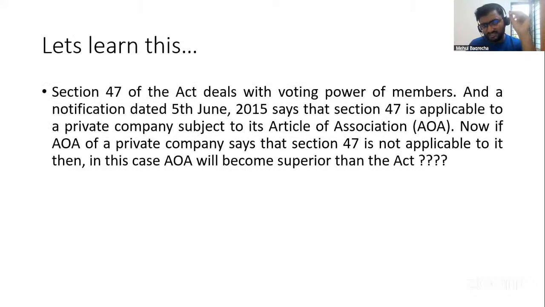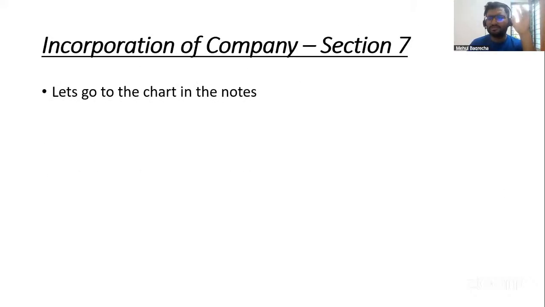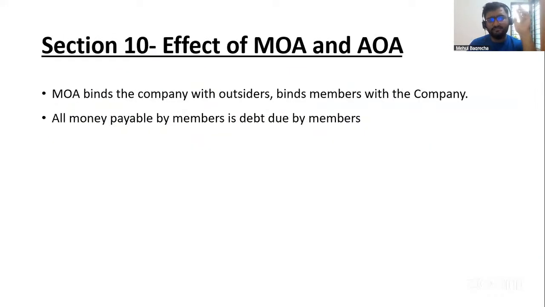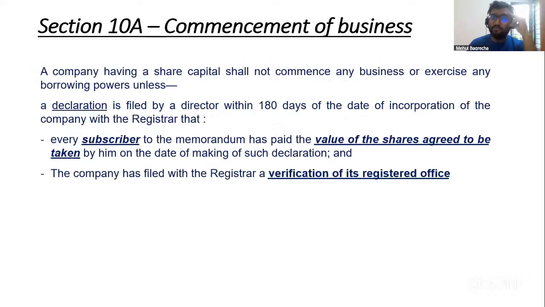We went on to understand the whole concept of incorporation. We saw what will happen the moment you are registered. Section 10 says that MOA is going to bind the company with an outsider and bind the members with the company. We saw section 10A: the moment you've got the certificate of incorporation does not mean that you will go ahead and commence your business. You cannot until and unless you give a declaration.